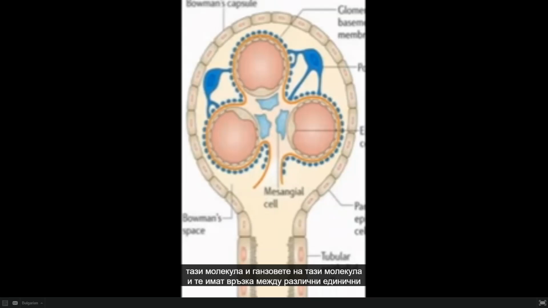And they have a connection between the different single gases inside of the gas molecule. And you are able to connect or disconnect single gases inside. Our body does not accept the molecule as a molecule, it accepts a single part of that molecule inside. Do you understand?